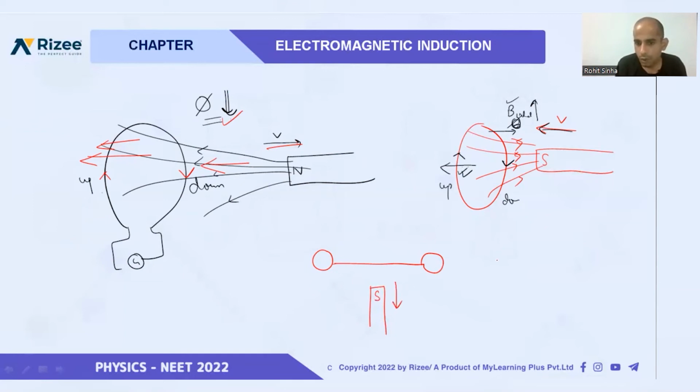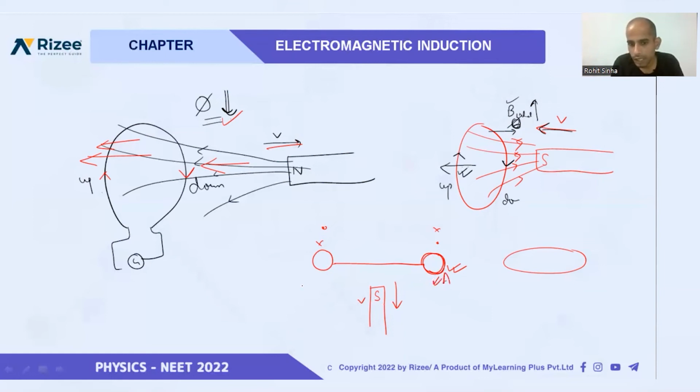This coil is like this. You have to tell whether here is a dot or a cross, and here a cross or a dot. South pole going backward, what will happen in this coil? Dot or cross in this one?